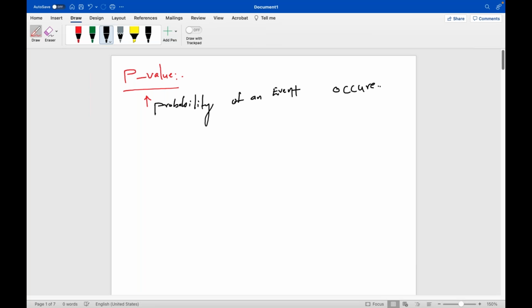For example, you have some distribution, you have data and you plotted it, and in this situation we calculate the probability of one particular value. Let me consider the value of p is 0.7. The p-value can be between 0 and 1 only. The reason is that it's a probability, and probability range is between 0 and 1.